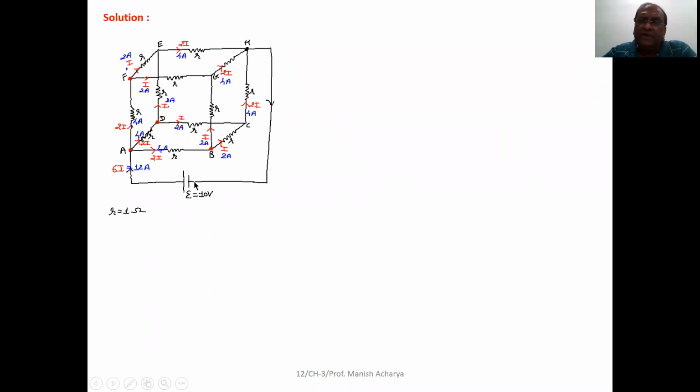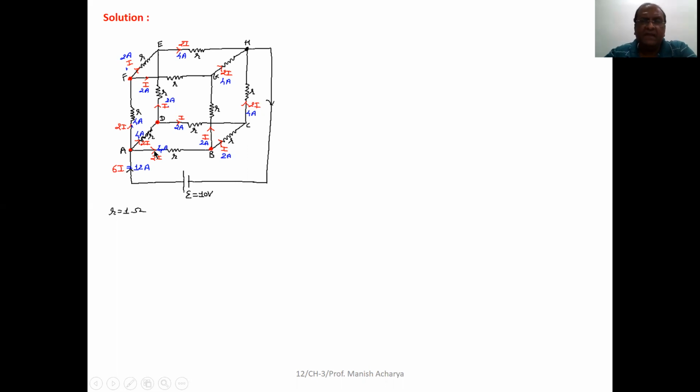Now here consider the shortest path in the network from A to H. If you consider any path, it should be the shortest one.